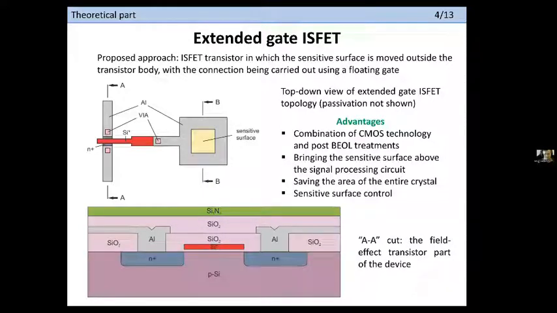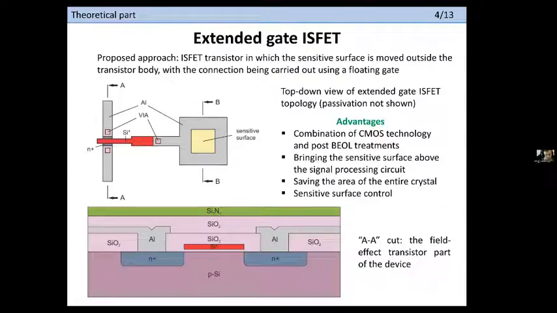It can be integrated into CMOS technology with some post-build treatments or finishing operations. In the case of having several layers of metallization, it can bring the sensitive surface above the signal processing circuit and thus save the area of the entire crystal. And in the technological route that I'm about to show, you can have control of the sensitive surface parameters.